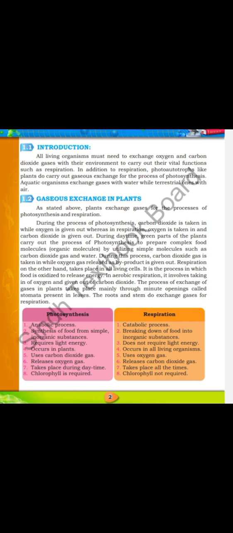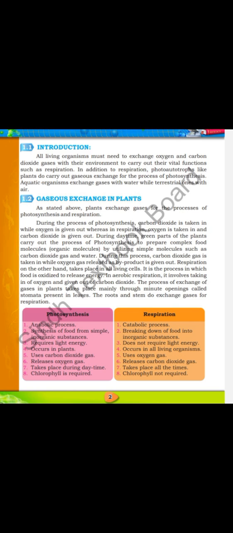In photosynthesis, simple inorganic materials are used and then complex organic food is manufactured and oxygen is released into the environment as a byproduct.